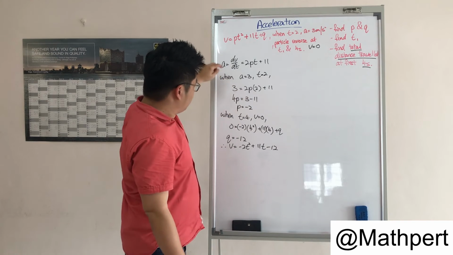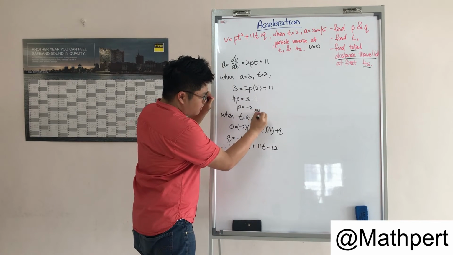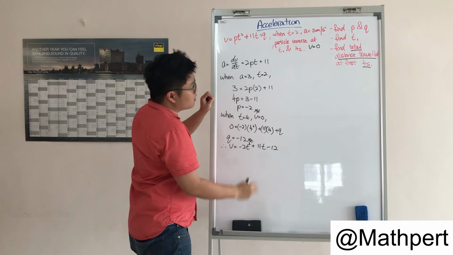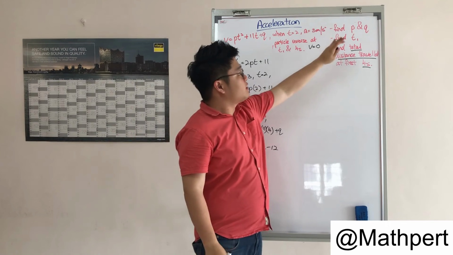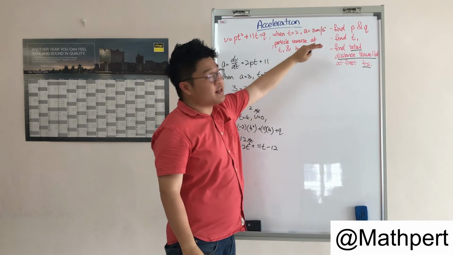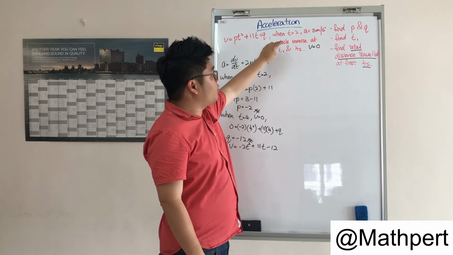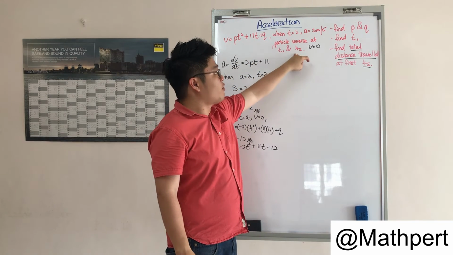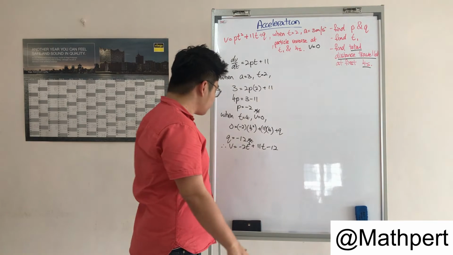Alright? P value is here, q value is here. And then find t1. So the particle reverses at t1 and 4 seconds.